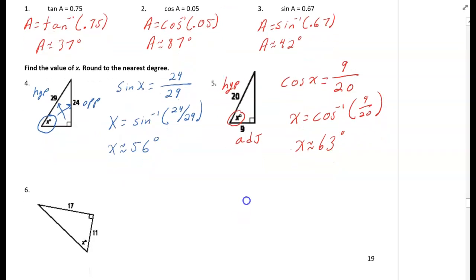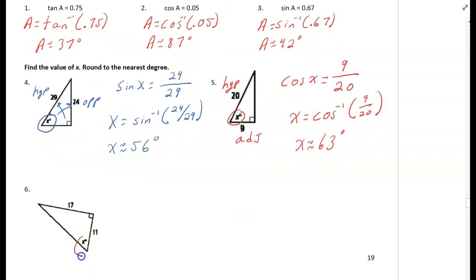Let's do the last problem together. Again, I like to circle the angle. The 17 is across, so that is the opposite. The 11 is the adjacent. So which trig function has the opposite and adjacent? That is the tangent. So the tangent of x we know is the opposite over adjacent. So 17 over 11, since 17 is the opposite, 11 is the adjacent.